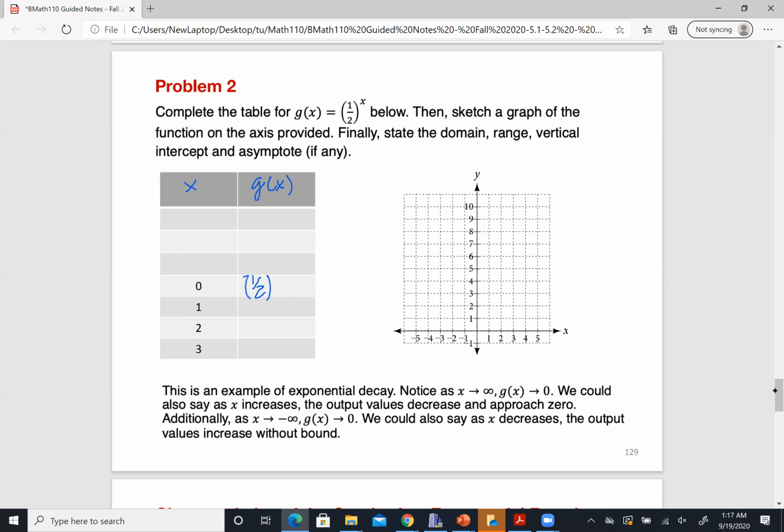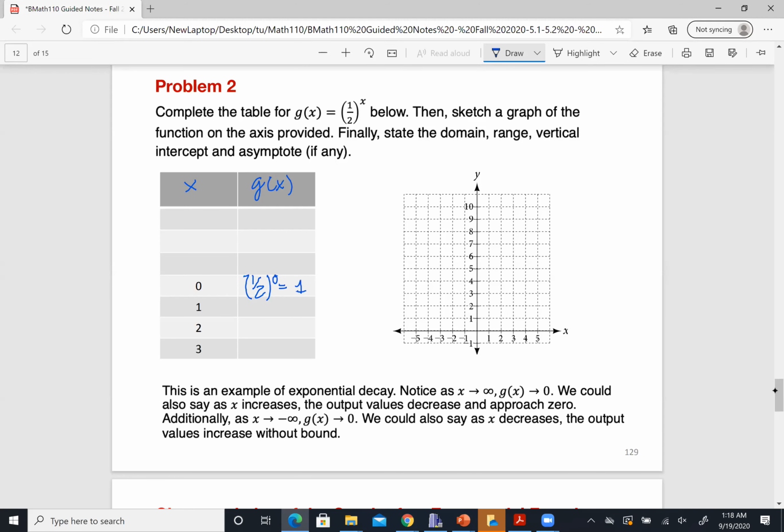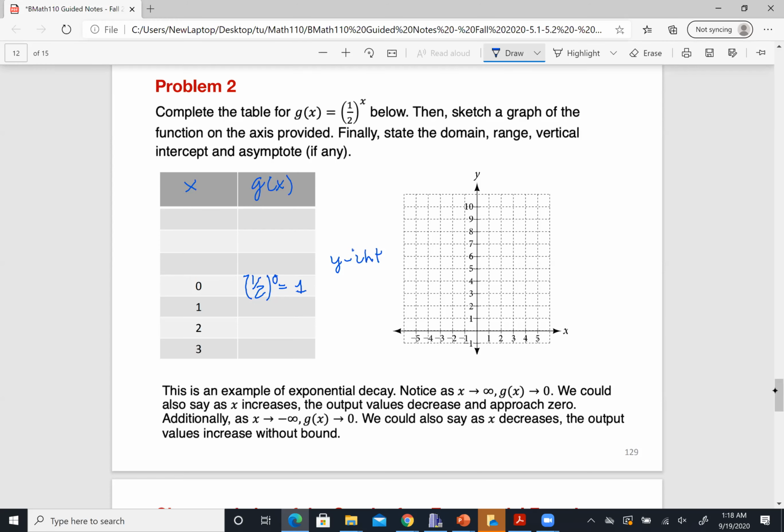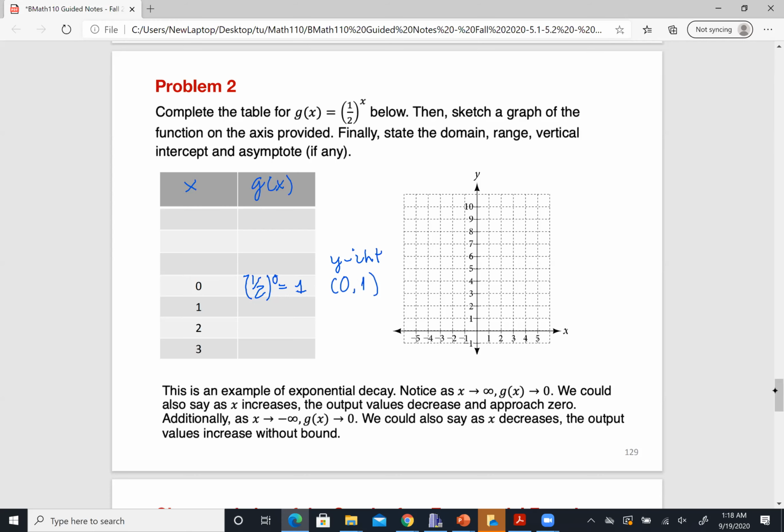So (1/2) to the power 0 will be equal to 1, easily. So again, the y-intercept, or vertical intercept, will be (0, 1), right? So (0, 1) stays here. What else?